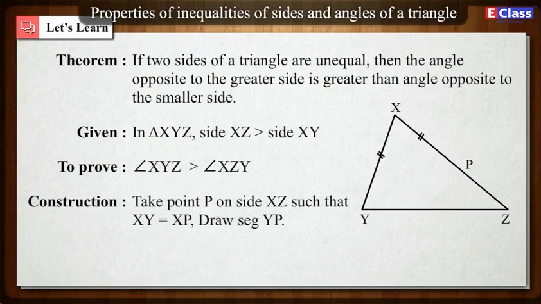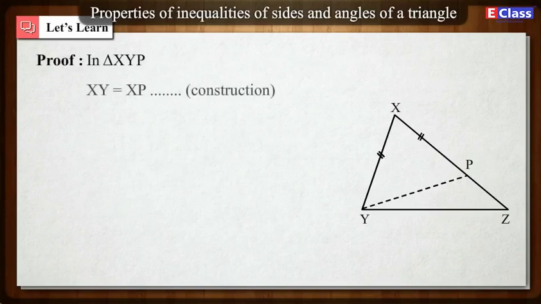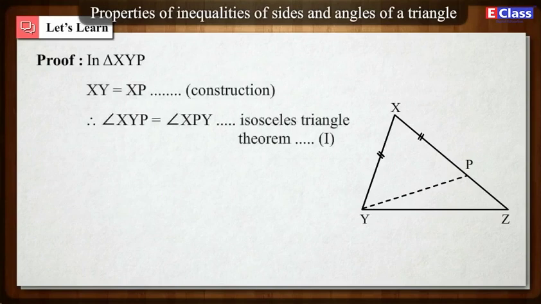Draw segment YP. Proof. In triangle XYP, XY is equal to XP by construction. Therefore, angle XYP is equal to angle XPY by isosceles triangle theorem. Let us mark it as statement 1.